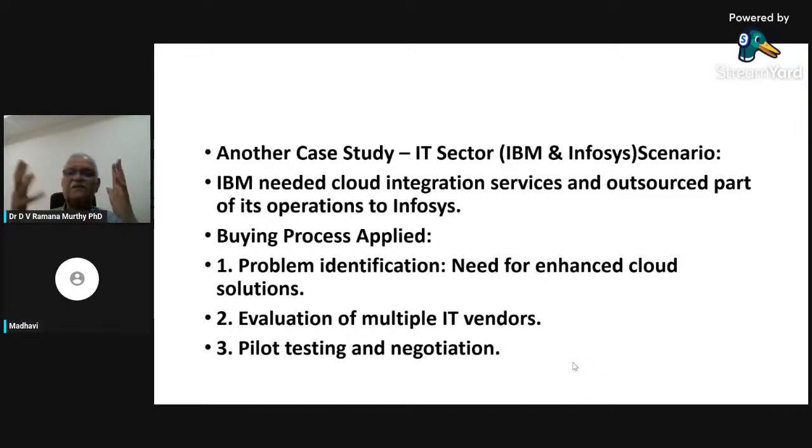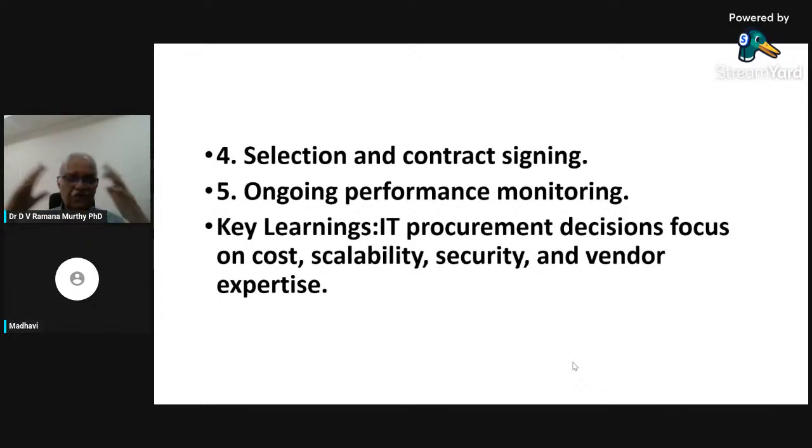So let the vendor come here, demonstrate, and go for pilot testing, and then you negotiate regarding the supplies, price, and all that. Then, fourth one is selection and contract signing. If you are satisfied, IBM satisfied with Infosys, then selection and contract signing, and ongoing performance monitoring by both the parties.